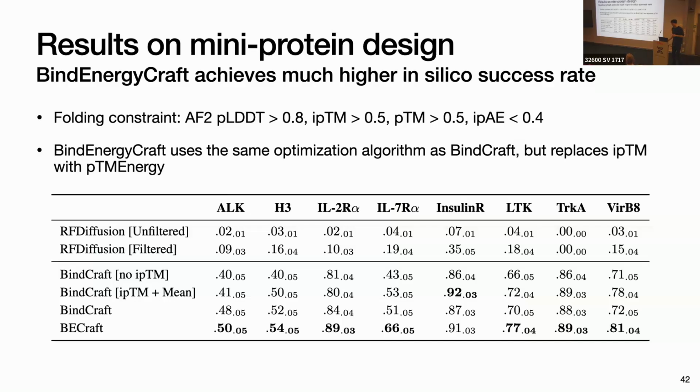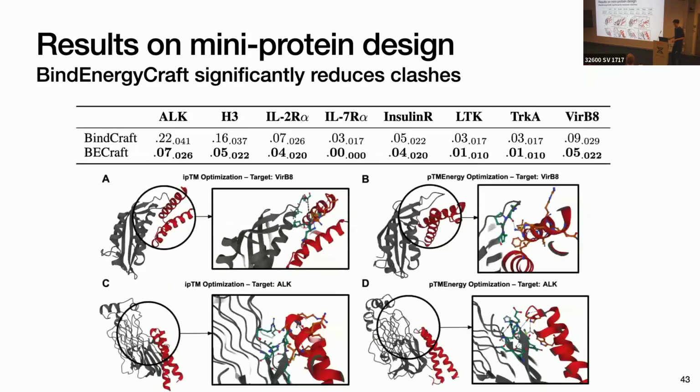This is not saying BindCraft is bad; BindCraft is already a very, very good framework. But if we can improve the scoring model more, we can further improve this already promising system. Surprisingly, we also show that with this energy model you can reduce the clashes of the designs coming out of BindCraft.